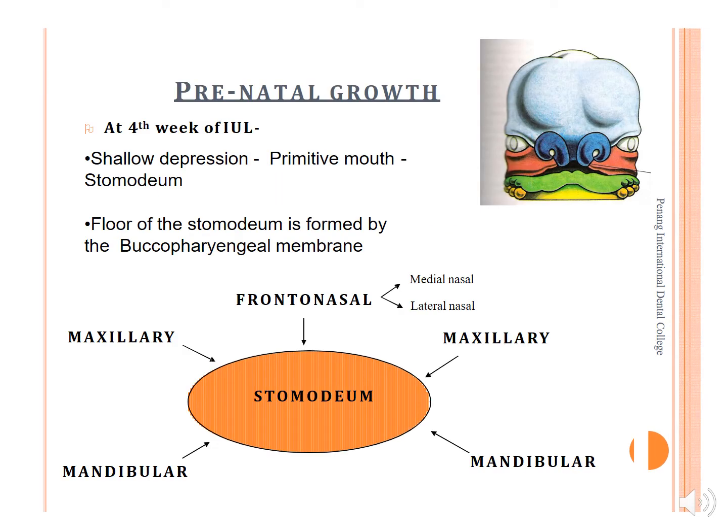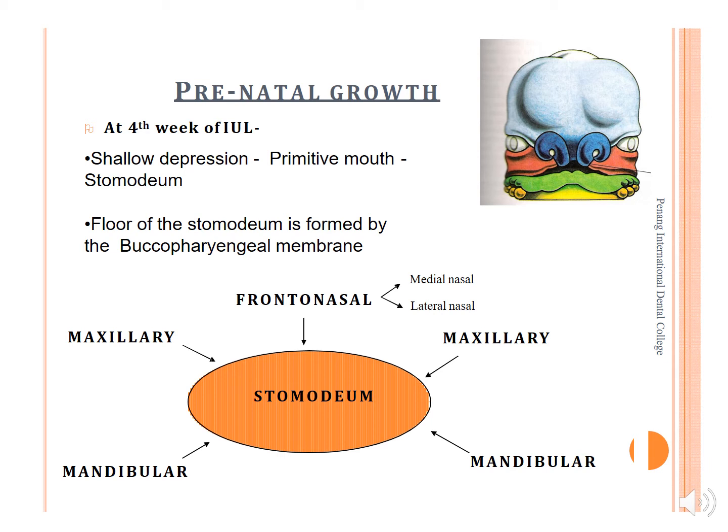For the prenatal growth, around the fourth week of intrauterine life, a prominent bulge appears on the ventral aspect of the embryo corresponding to the developing brain. Below the bulge, there is a shallow depression which corresponds to the primitive mouth, called the stomodeum.